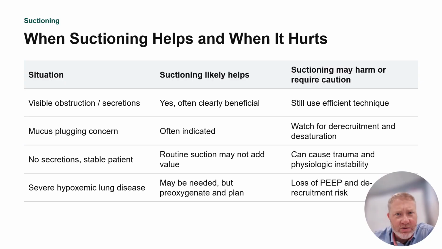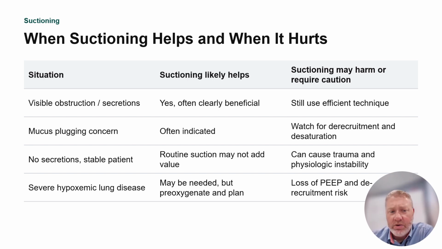So when should you suction? To suction or not to suction? If anything is visible, an obstruction, secretions, then yes, suction. If there's a concern for mucus plugging based on auscultation, based on oxygen desaturation, based on patient presentation, yeah, suction them. Are you going to get the mucus plug out? Maybe, maybe not, but you could still help.